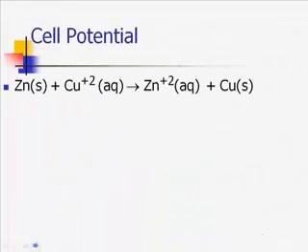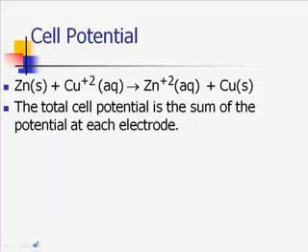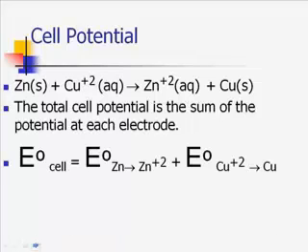So here we have our E cell: it's the E0 of our oxidation plus the E0 of our reduction.